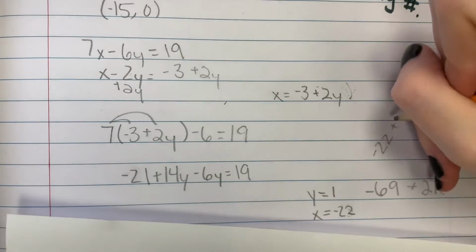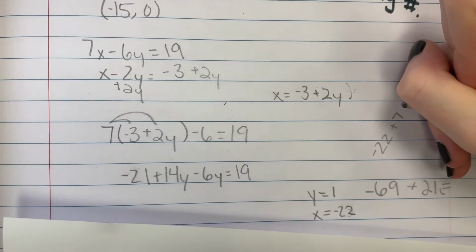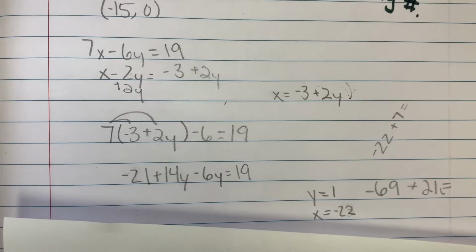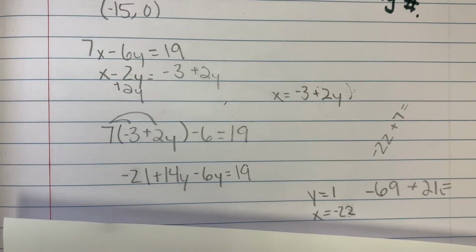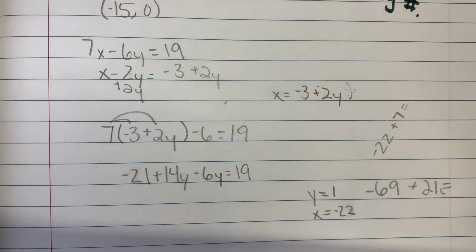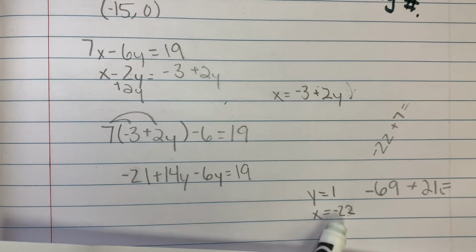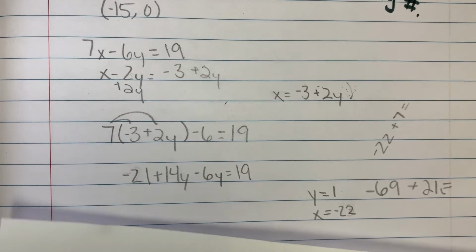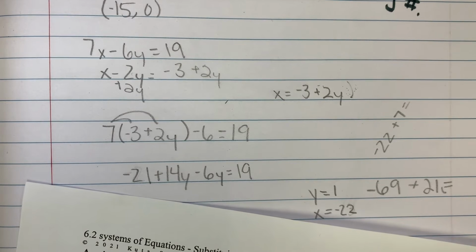Okay, so negative 22 plus 7 is? That'd be negative 15, because if it's 22 plus 7, it was negative 15. So here, negative 22 times the 3 is equal to what?